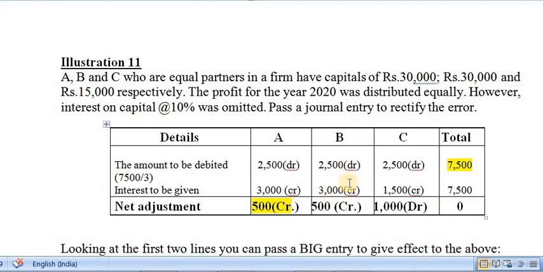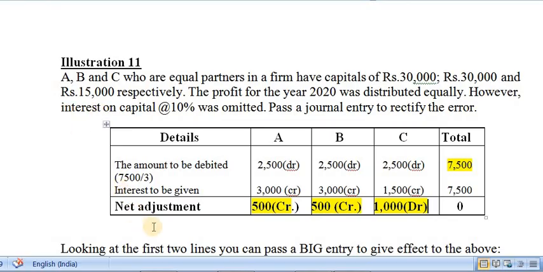Now 2,500 debit, 3,000 credit. Did I say debit? No. Credit A with 500, credit B with 500, and 2,500 debit, 1,500 credit. That means debit C with 1,000. So you got the journal entry.